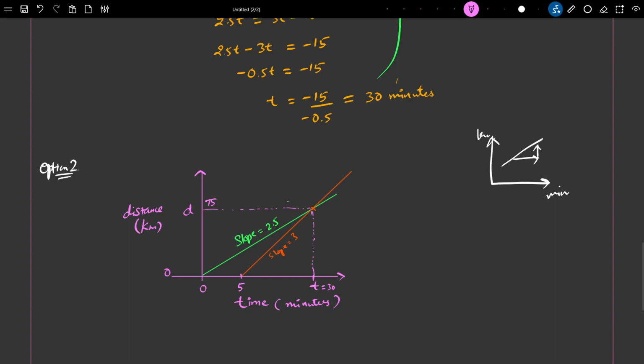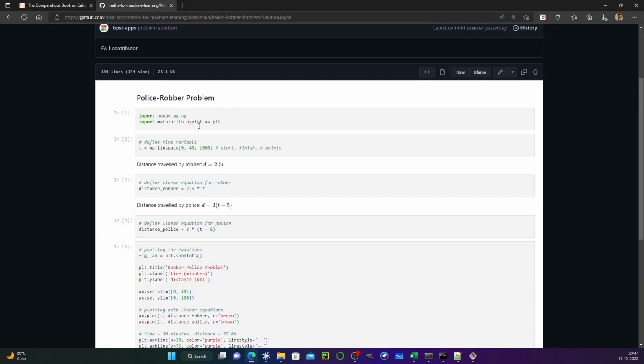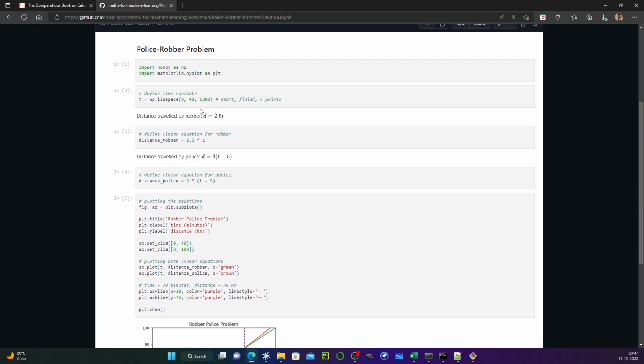There are other two scenarios I think we should discuss before we conclude this. But prior to that, let me just show you how. Here, this same problem I have created, and what we did is we created a time variable.